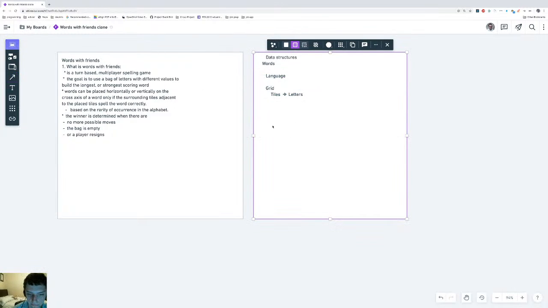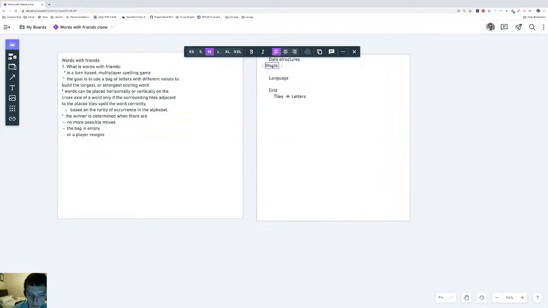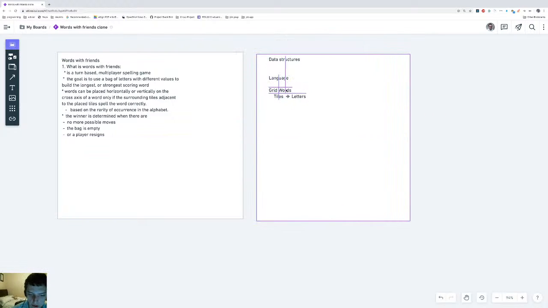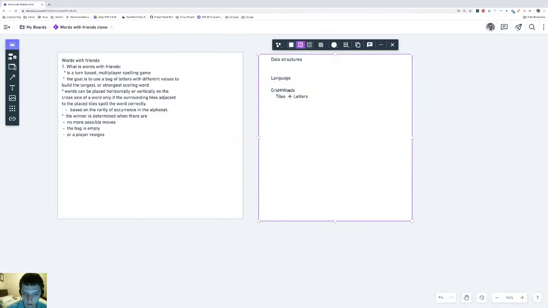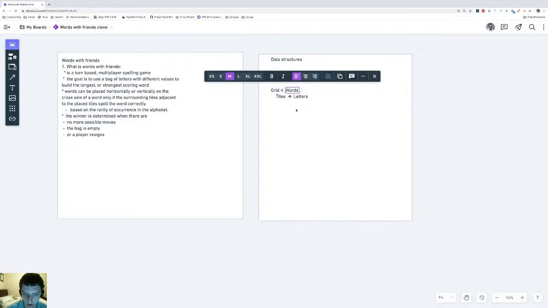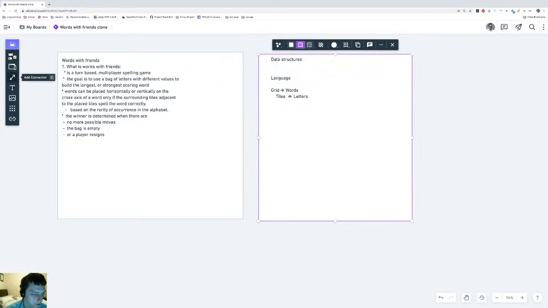We have a grid of words. They're broken down into tiles and letters.